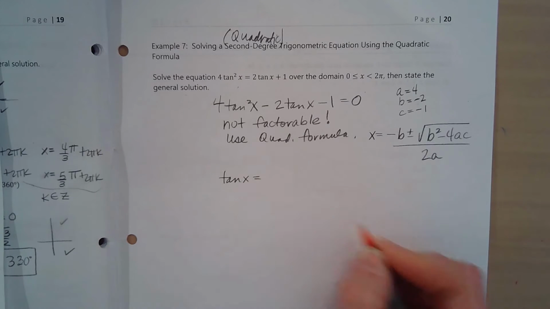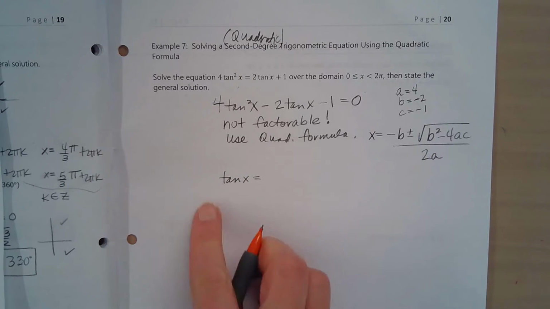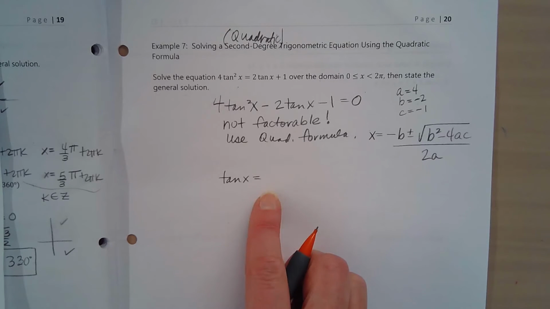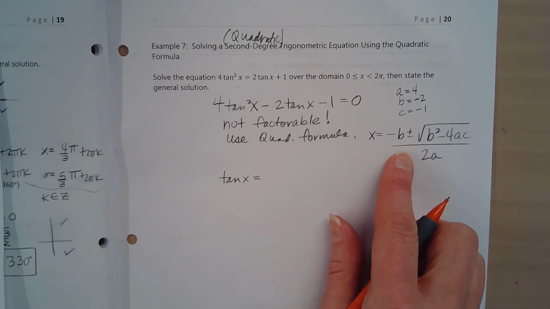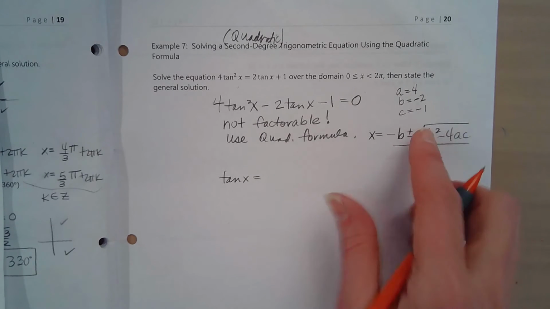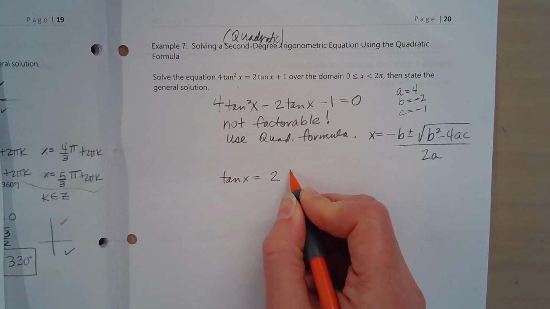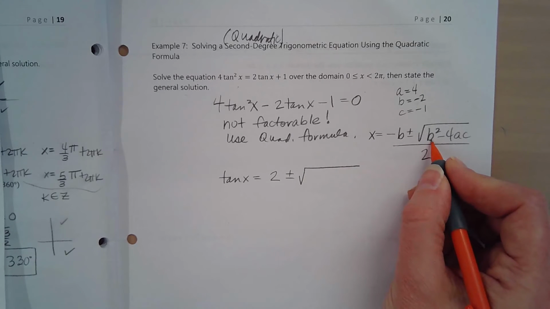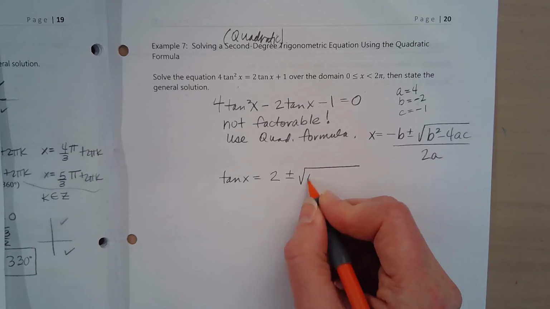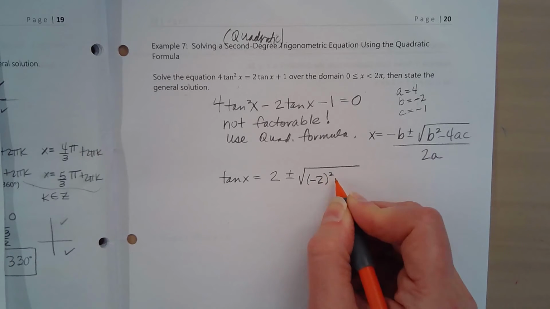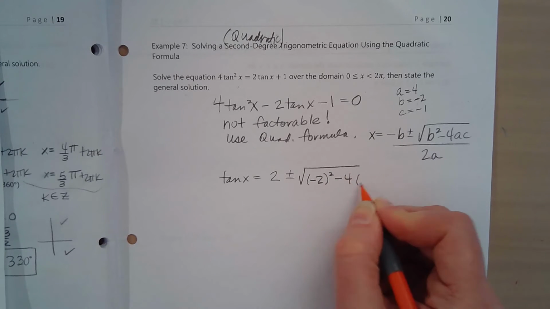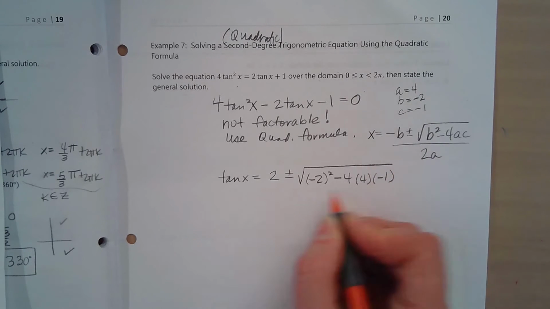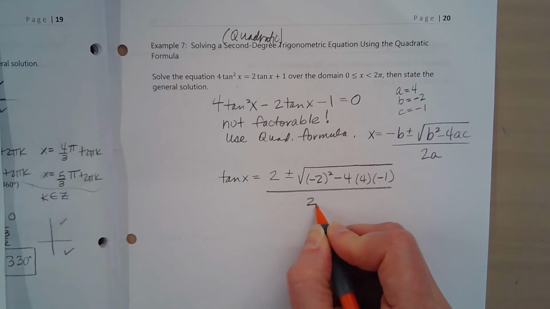So tan of x, or tan of theta if you have your theta symbol instead of the x, is going to equal, let's just follow the pattern: negative b would be 2, plus or minus the square root of b squared, negative 2 squared, minus 4 times a times c, all over 2 times a.